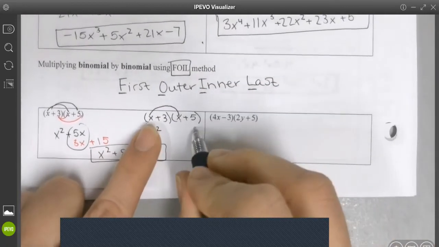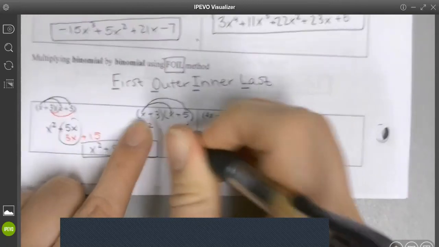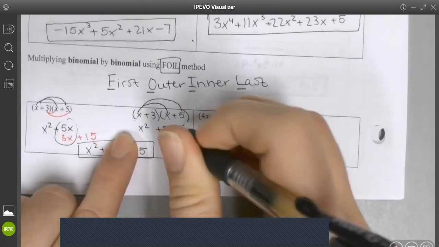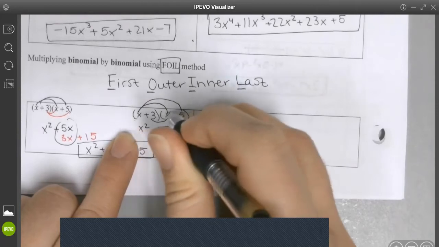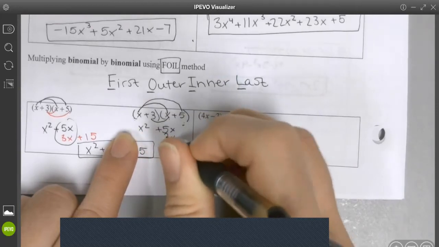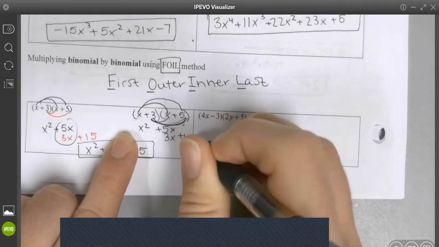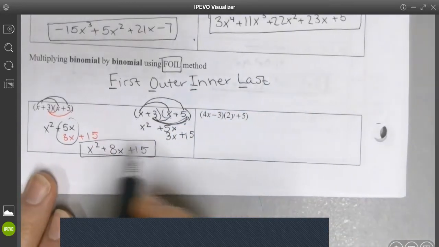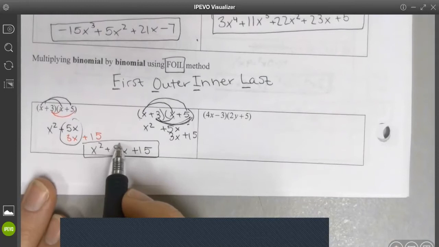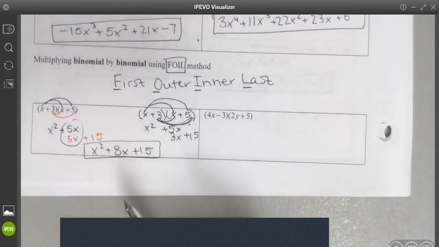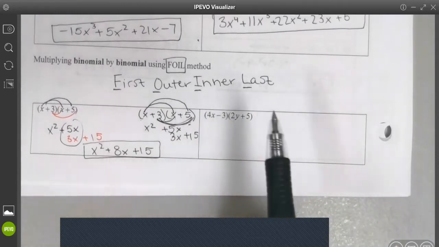Then I'm going to take the outer terms, multiply that. And I'll take the inner terms, the two inside terms, and multiply there. And take the last terms from both parentheses and multiply. Notice it's the exact same numbers. So it's really just getting away from thinking about distributing and instead following this pattern.